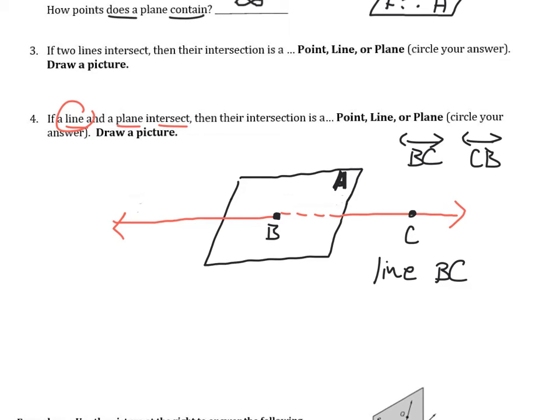All right, but sometimes at the end of your line on either side, you might see like a little lowercase cursive letter, maybe like an L or an M. Okay, that's another name you could give this line. So in this case, it would be like line L or line M, whichever letter is at the end of your line. Okay, but to go back to my actual question, the intersection of a line and a plane is going to be one specific point.